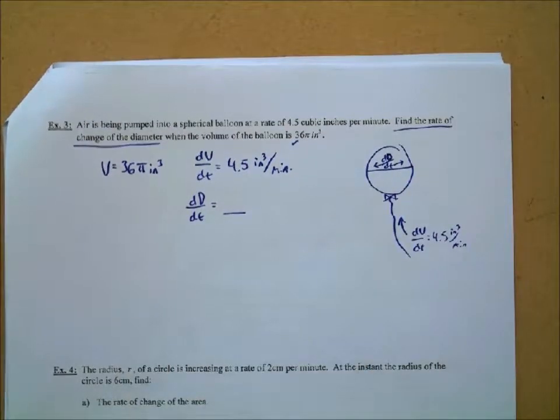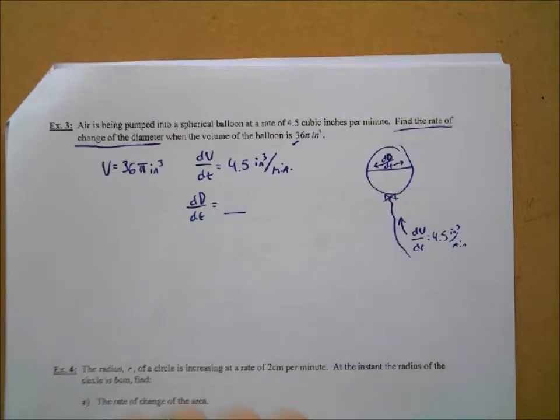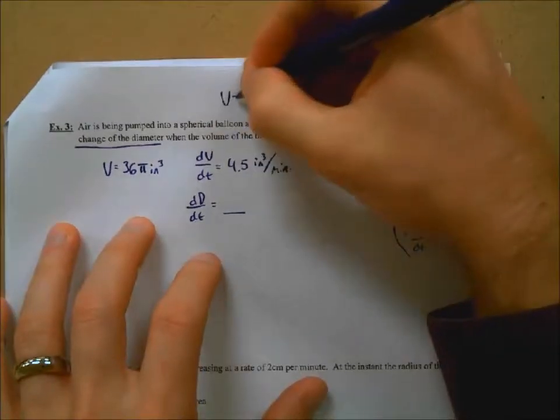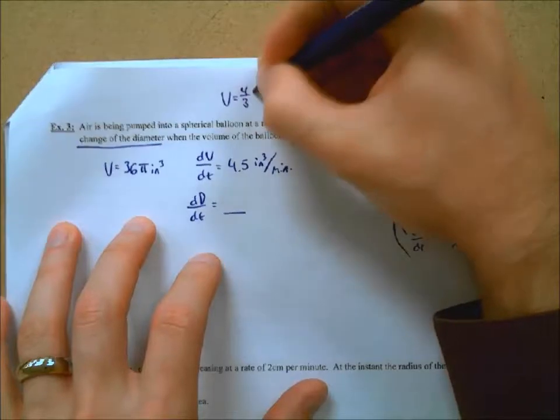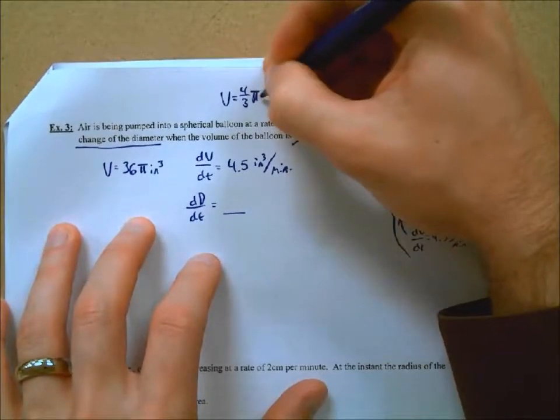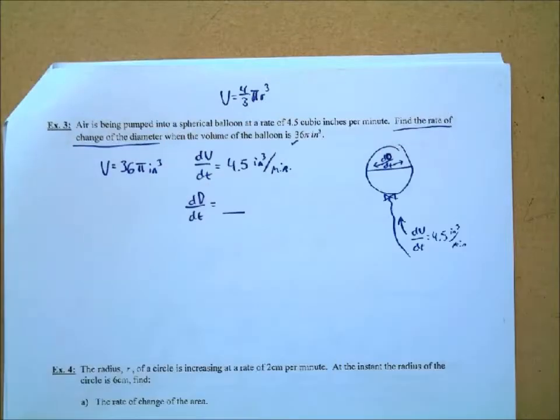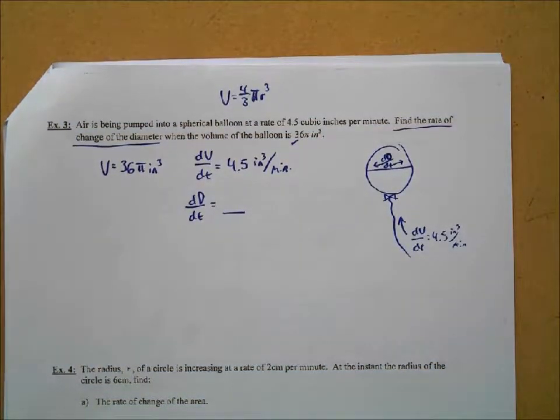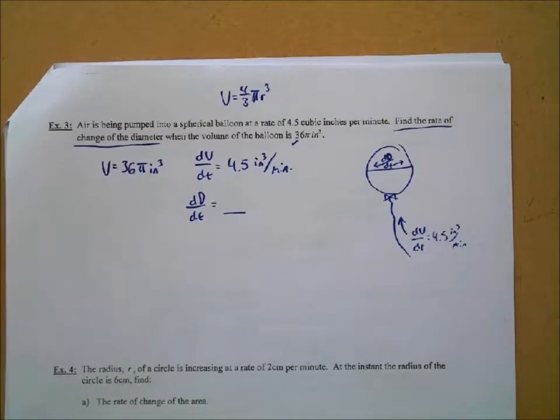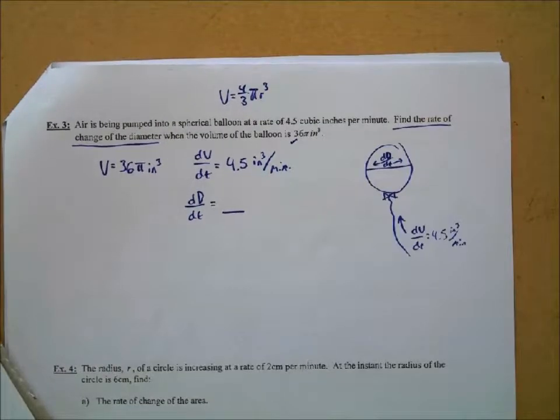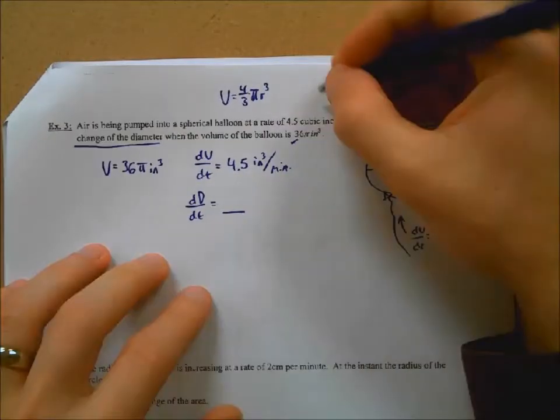So we have a volume formula for this shape. We saw it earlier. The volume of a sphere is 4/3 pi r cubed. But what's the problem with that formula? It's volume in terms of the radius. We need the volume in terms of the diameter. So how can we adjust our formula here? How is the diameter related to the radius?